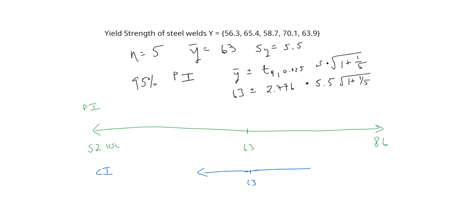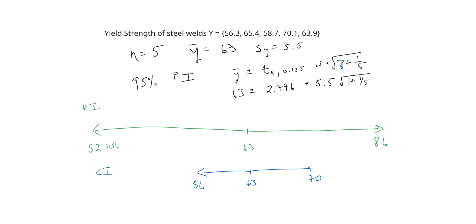And remember that's based on the fact that we don't have this 1 here. For the confidence interval, we get rid of that 1, and everything else is basically the same.